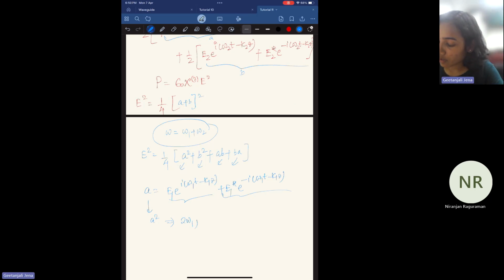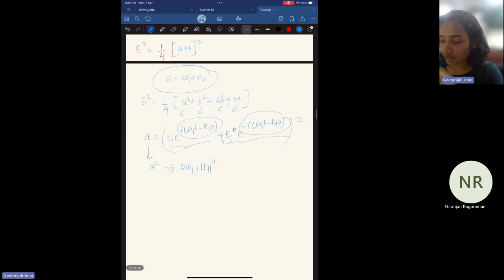And this will have a component for 2a. So the square will give 2a, right? So this phase will cancel. So we have a DC term, which is amplitude E1 squared. So that means A squared has no sum frequency generation.